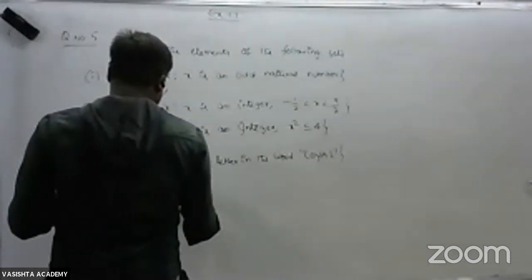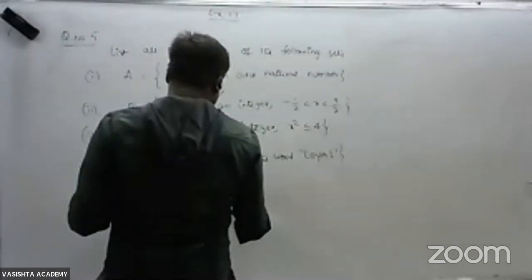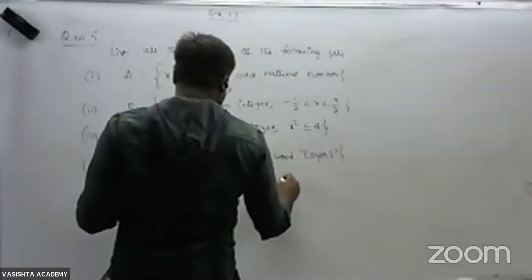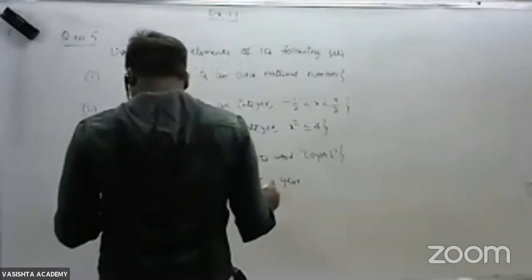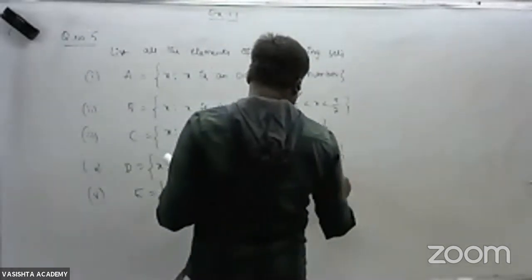Fifth, E equal to {x such that x is a month of a year not having 31 days}.